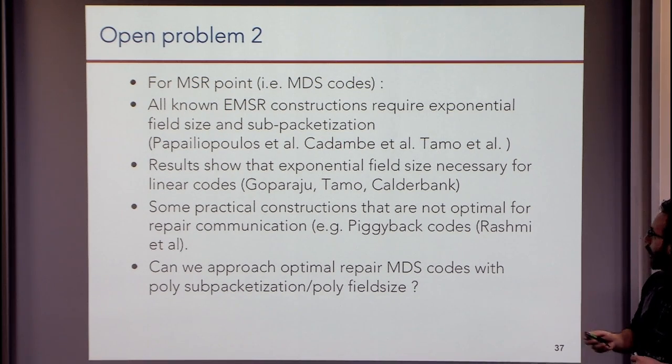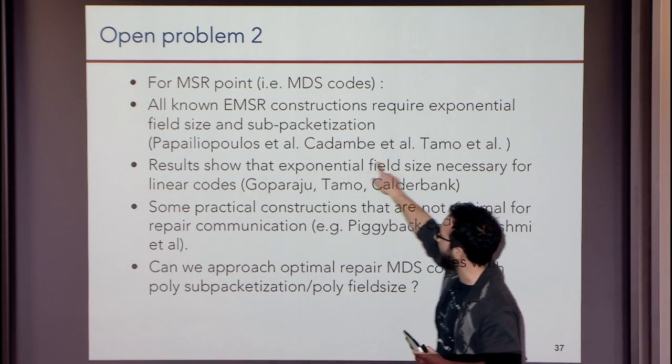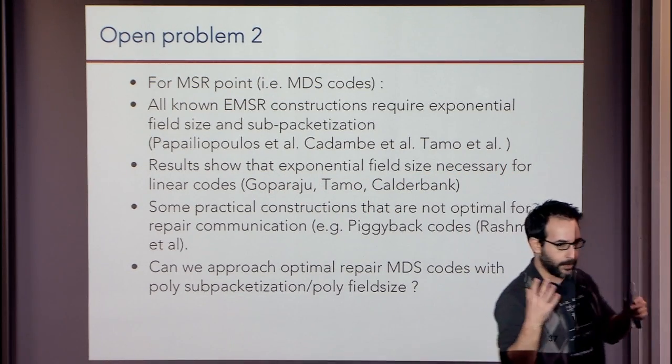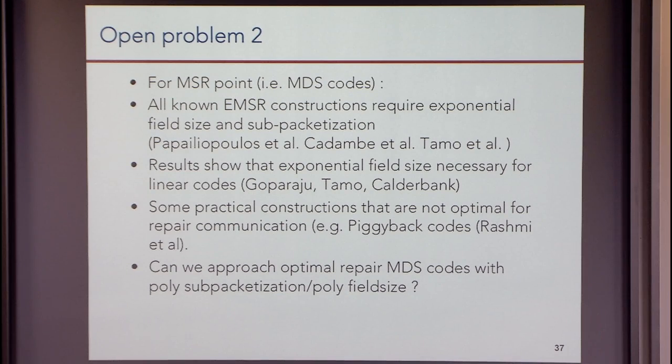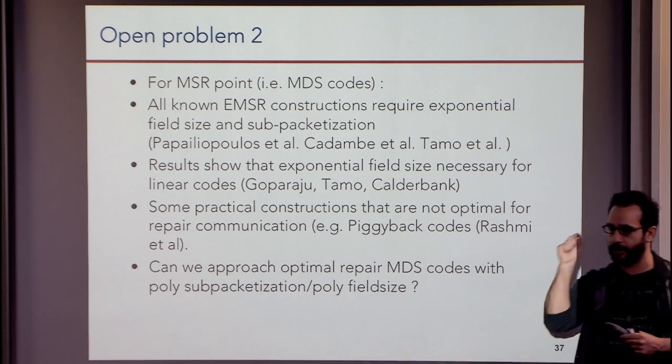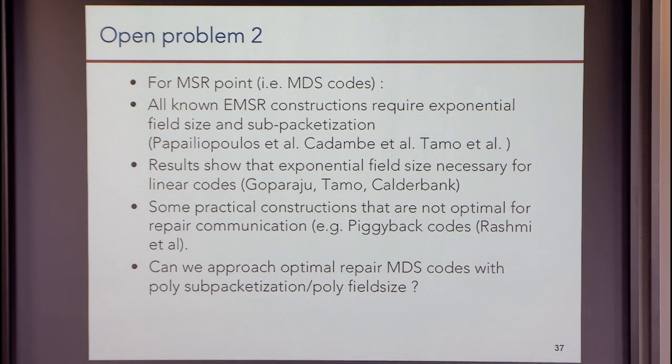Kadambe and Tamo had concurrent ones, and all these 3 constructions we think are basically almost equivalent. But the Tamo construction has a benefit: if there are only 2 parities, then he has a small field. But in general, we don't have any way of doing polynomial field size and polynomial subpacketization for MSR codes.